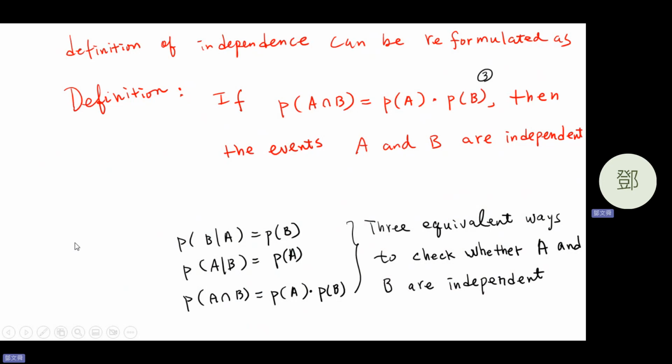They are equivalent ways. You can just choose one of them to check, okay? Understand?